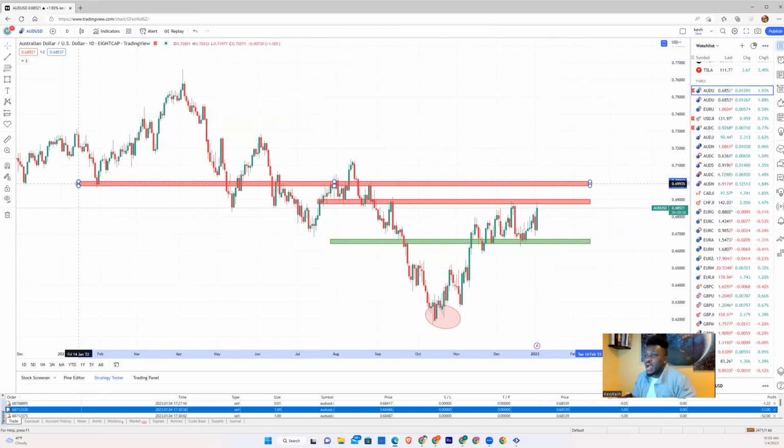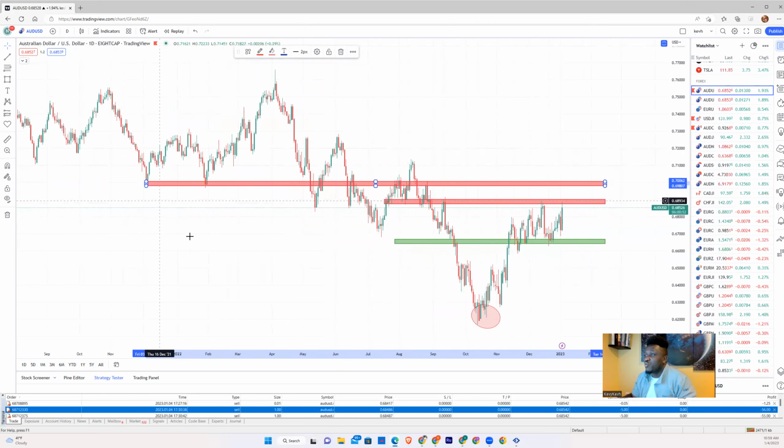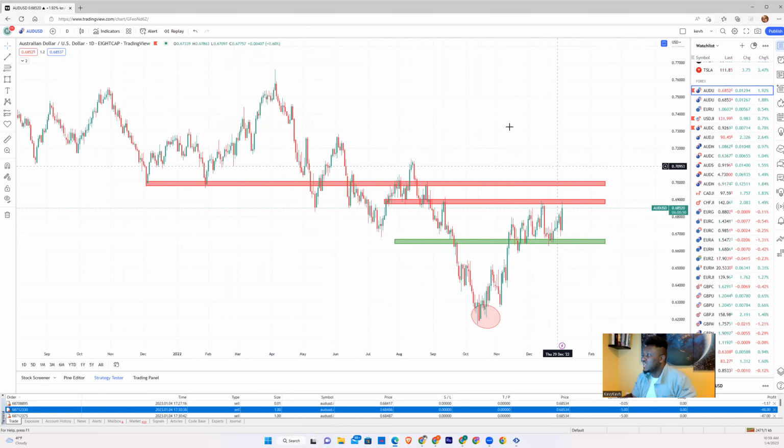You can see why I pulled it up all the way there, and why I chose that as another support and resistance area, because it's a strong place. Look at the left side of the screen.